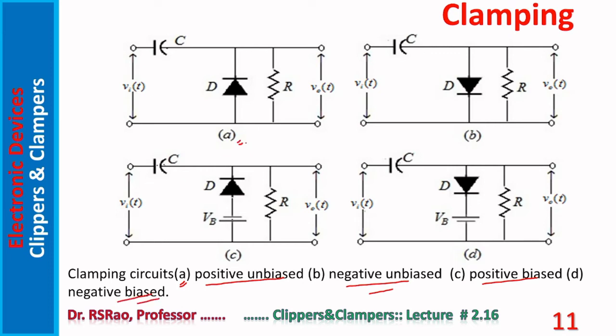Consider A. Here also, in the case of clamping circuits, when the diode conducts and when the diode does not conduct plays a key role in finding the value of the output voltage. In case of A, during the negative first half cycle, the diode conducts and the capacitor gets charged up to the voltage which is the maximum value of the input signal.